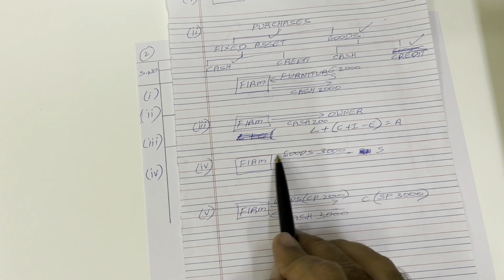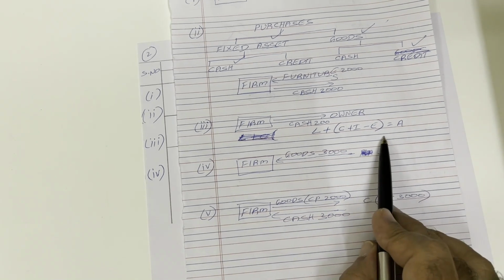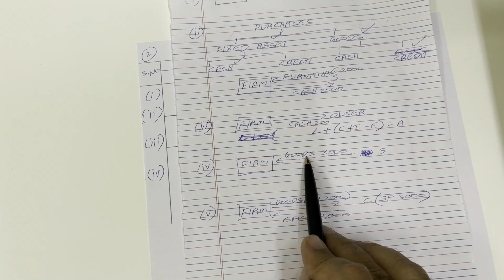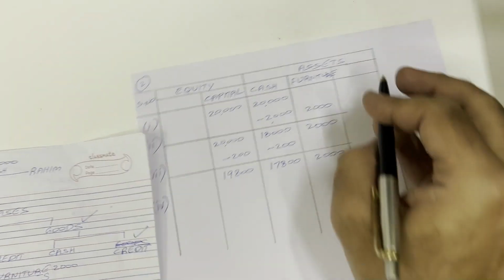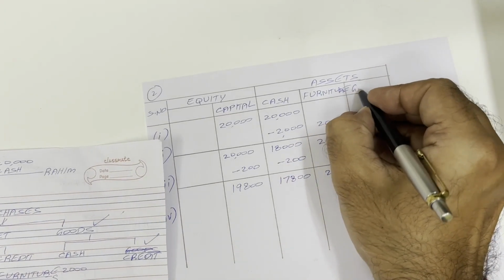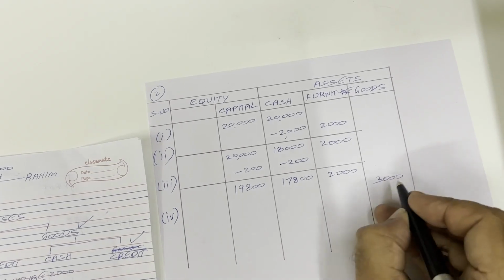So goods are coming into the firm. And this is a credit purchase, so cash is not going. So on the asset side, one asset known as goods is affected. Goods value is increased by 3,000 rupees.